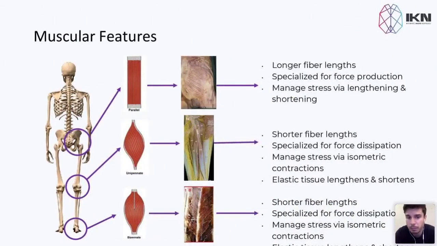So let's move into muscular features. Now, when it comes to the muscles of the lower limb, it's easy to consider, with almost every human, that as we move from proximal to distal, we tend to have much less muscle mass.